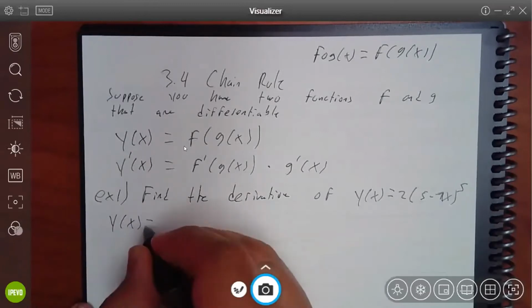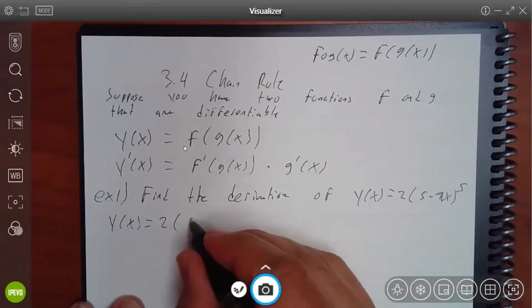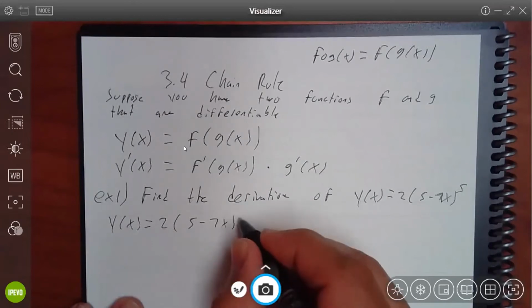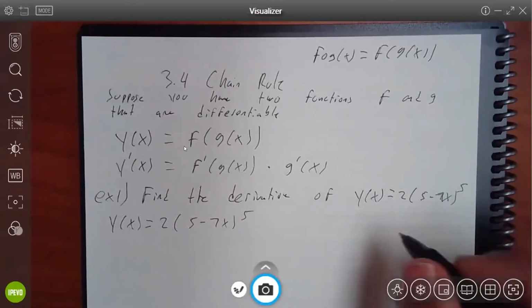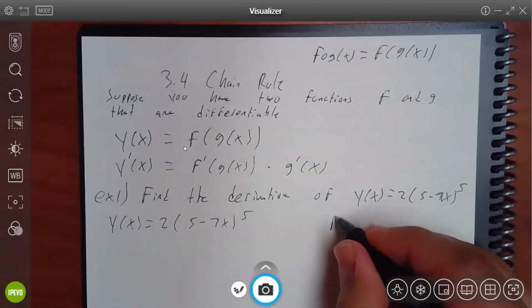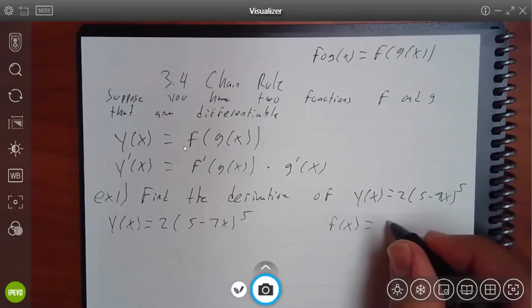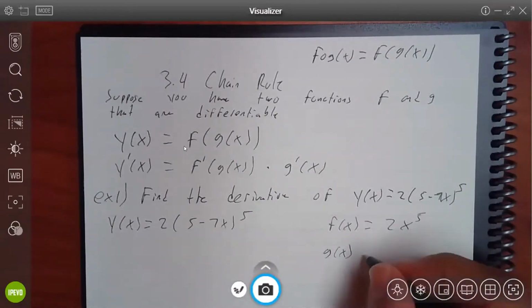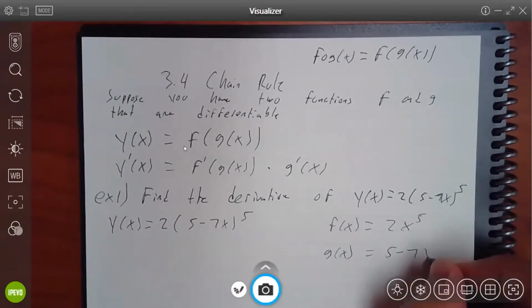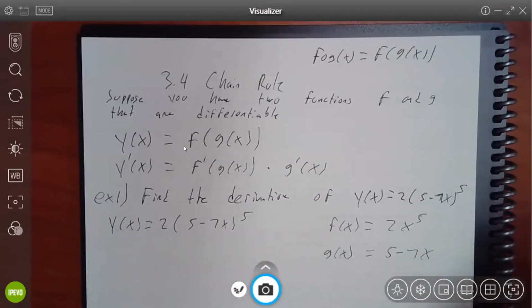Okay, so y equals 2 times (5 minus 7x) to the 5th. So the outer function, the f, is 2x to the 5th. The inner function is this 5 minus 7x. Okay.